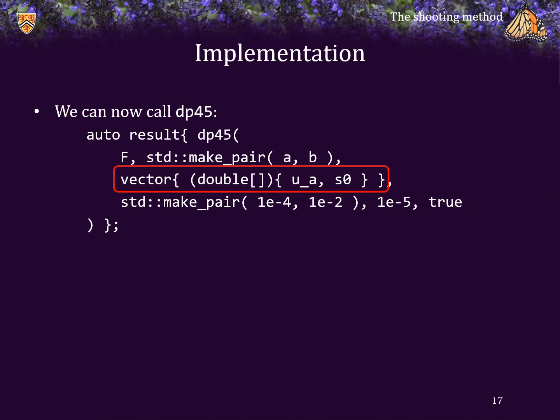The next argument is, of course, the range over which we will allow h to vary over, and then the absolute epsilon value. The last argument, true, indicates that we want dp45 to explicitly end right at B and not go any further.